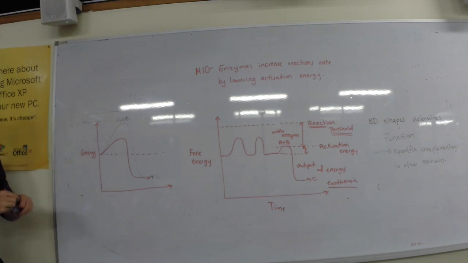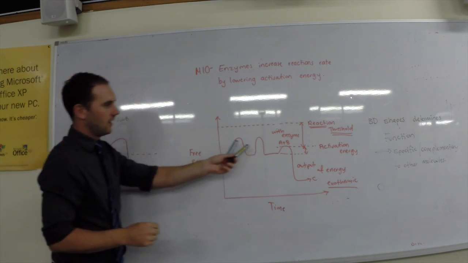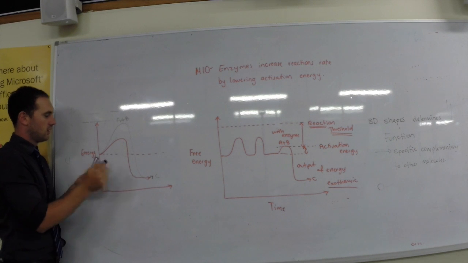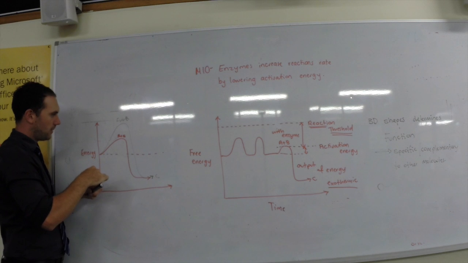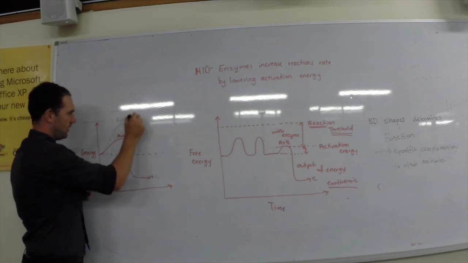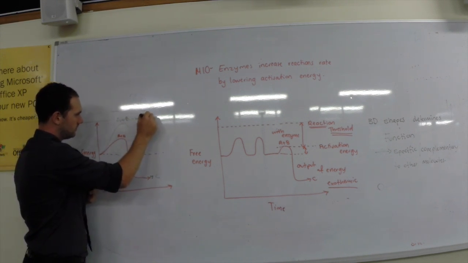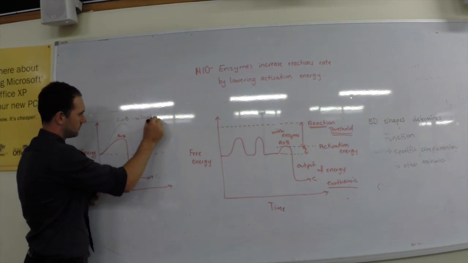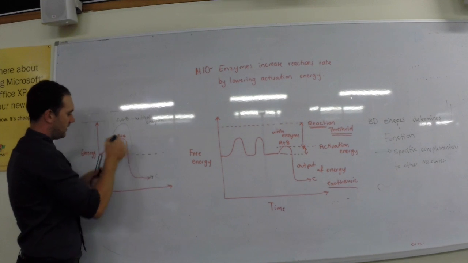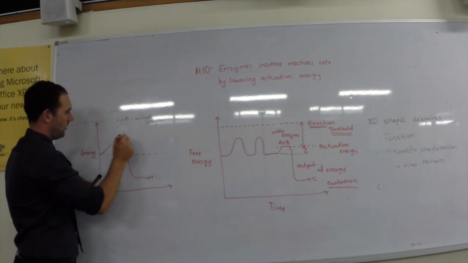Okay, so now instead of just drawing it like this, I've drawn it with two different curves. This is in black, A plus B without an enzyme. And this is A plus B with enzyme.